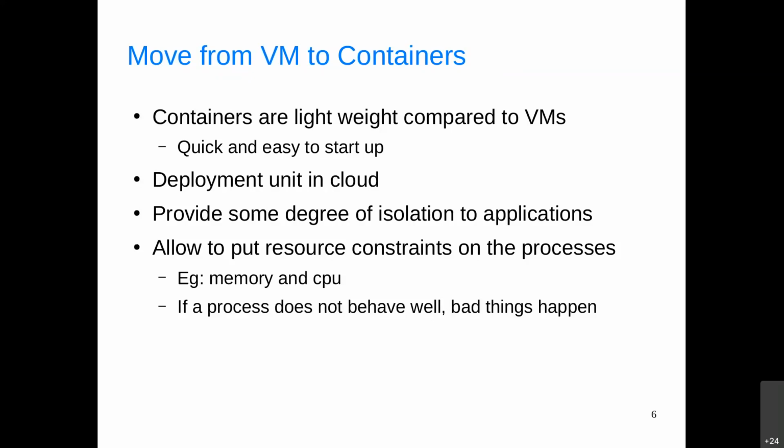In contrast to virtual machines, containers allow a much finer level of control at the process level to limit the resource usage. For example, they allow the user to specify how much memory and how much CPU the processes can consume. And if the process does not honor these resource constraints, then it has to suffer consequences. It may get killed, or it may suffer from performance problems.